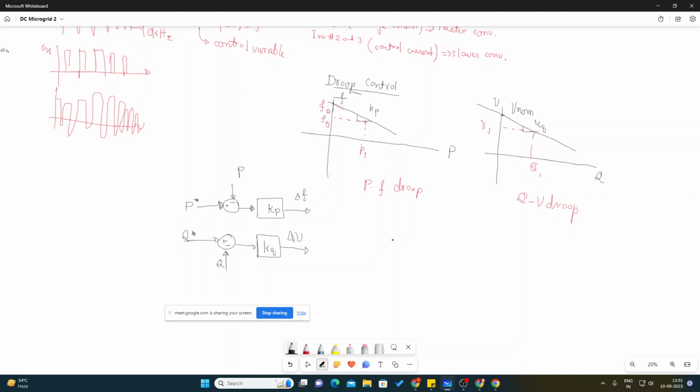Once it provides a given amount of active power and reactive power, it will accordingly change the frequency and the voltage at the output.